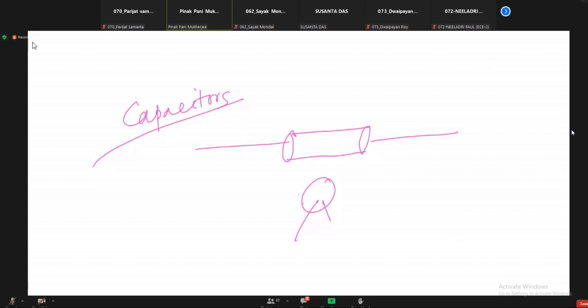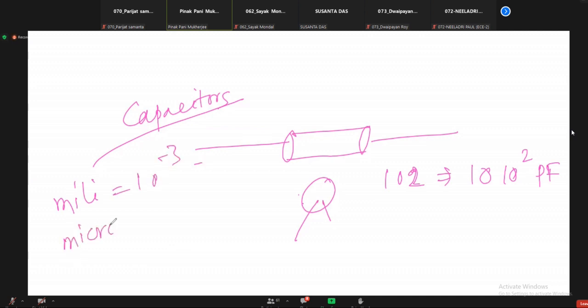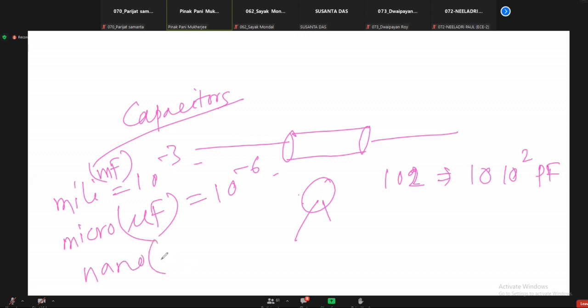If the value is printed like this, 102 on the body of a capacitor, then the rule is that it will be 1, 0 and 2 will appear like this: 10 to the power 2, and the unit is picofarad. Now milli is 10 to the power minus 3, micro is µF, nano is nF, 10 to the power minus 9, and pico is pF.